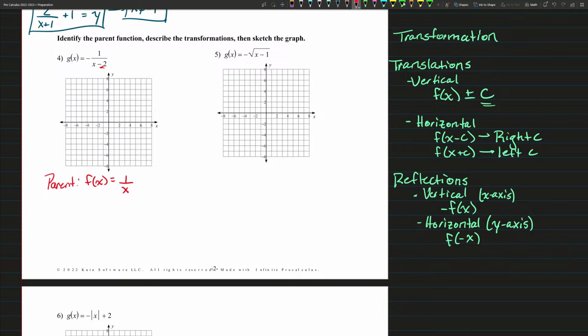There is a -2 inside the input, so that means we are shifting right 2 units. This part right here means we're moving right 2. And then there's a negative on the outside of the entire function, which means we are flipping the entire thing upside down.